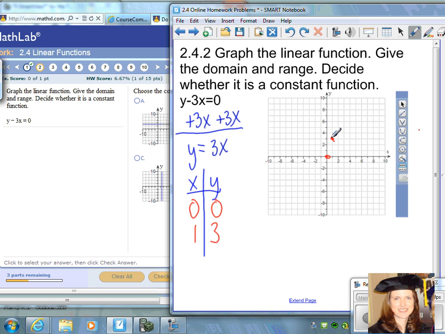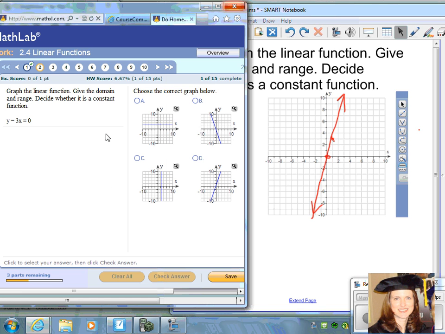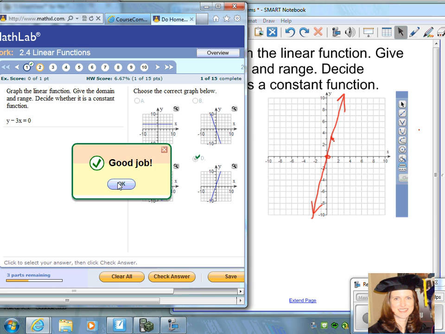Connect those with a straight line, ruler if you have it. Just kind of quick sketch here. And that is the first part, to graph the linear function. I solved for y and made a table of values, plotting at least 2 points. When you check your choices, it looks like choice D for me.